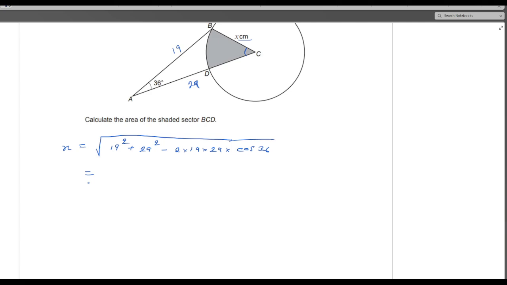We will take square root of all this. It is 17.6. So your x is 17.6.